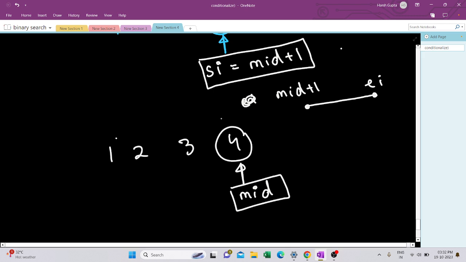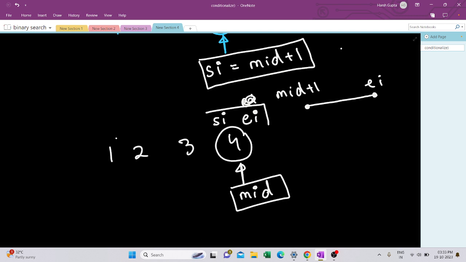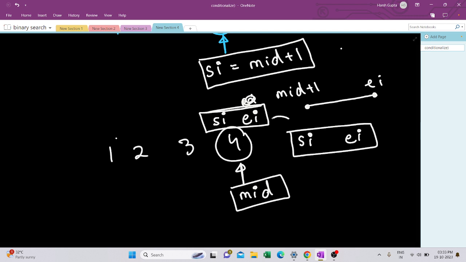If mid is the last element of the array, can we say that yeah, starting index is also the last element and ending index is also the last element, isn't it? If this is the case, then we always know that our answer lies between starting index and ending index. And so if this is the case, can we say that this is our answer? Because there is only a single element between starting and ending index.